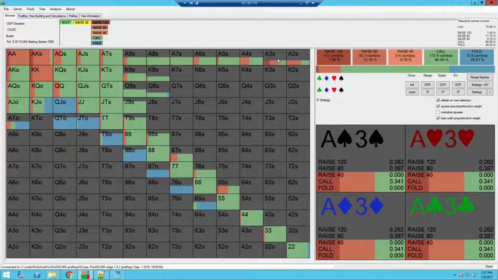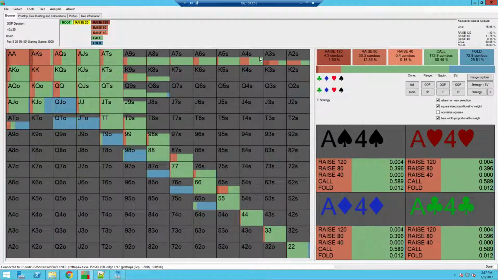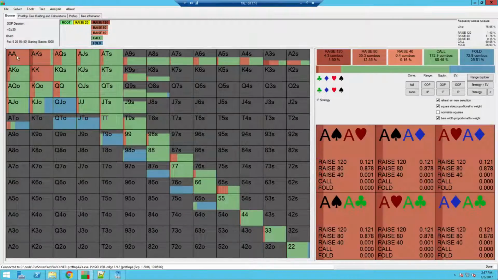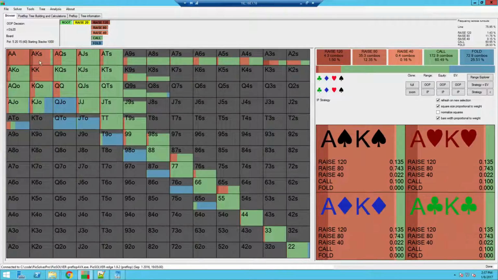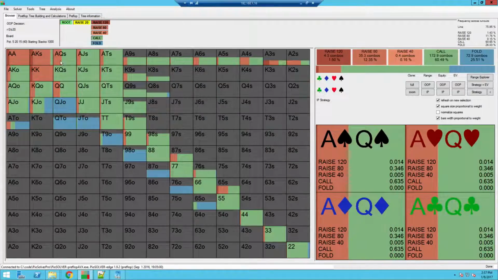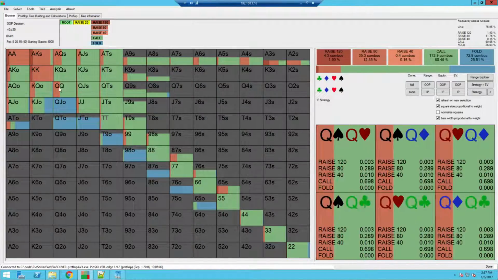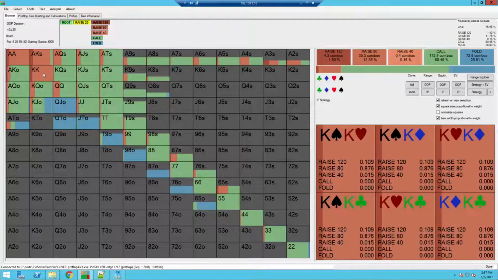The main takeaway in terms of how this is distributing is that there are clear value raises. Your aces, your kings, and even your ace king suited are going to be clear value raises. Even your ace queen suited might be considered a value raise too. But the frequency and the number of combinations that you value raise with, you should also balance to a reasonable extent with bluffs.